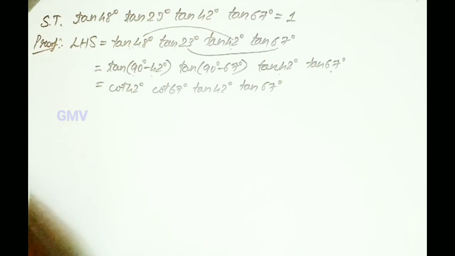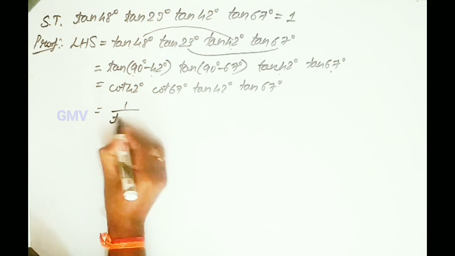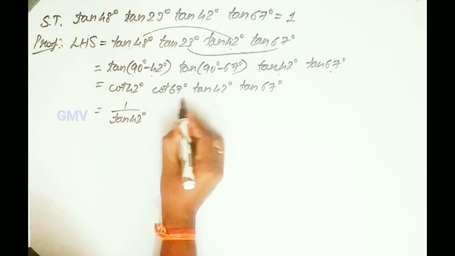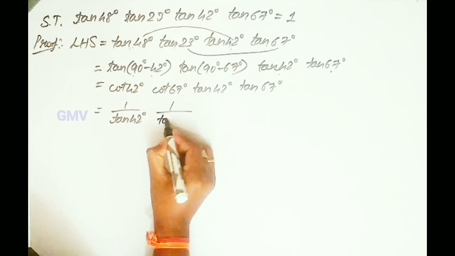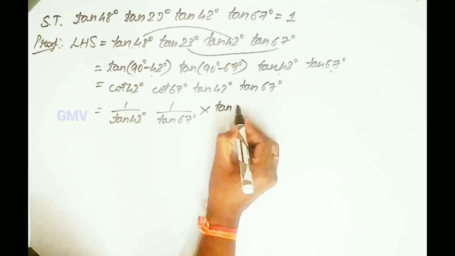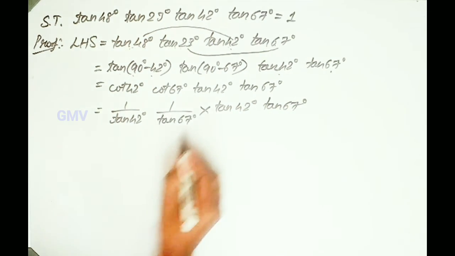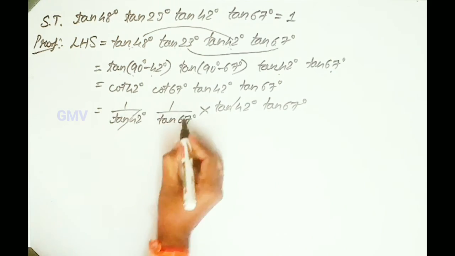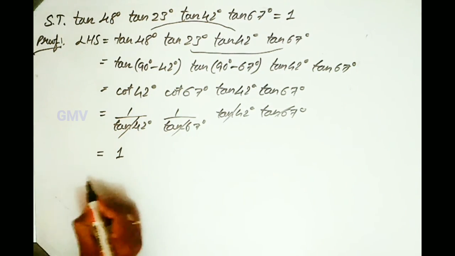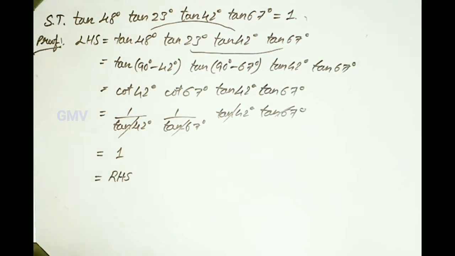Now in the next step, cot 42 degrees can be written as 1 by tan 42 degrees, because cot and tan are reciprocals. Cot 67 degrees can be written as 1 by tan 67 degrees. Into tan 42 degrees is present and tan 67 degrees is present. Now these two will get cancelled and these two will get cancelled. It is equal to 1 and it is equal to RHS. So we have proved.